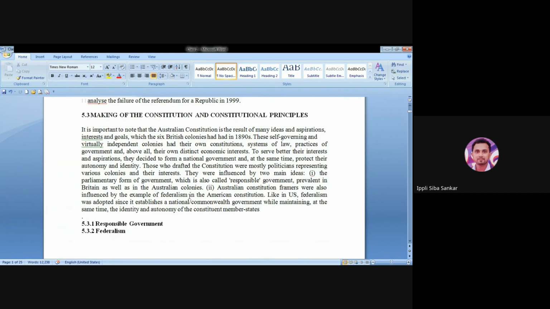They believed in the federal system like in America. So before going to know about responsible government and federalism, what is it? We should ask this question to ourselves.